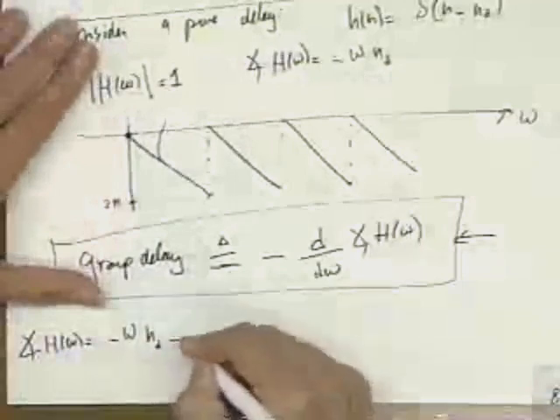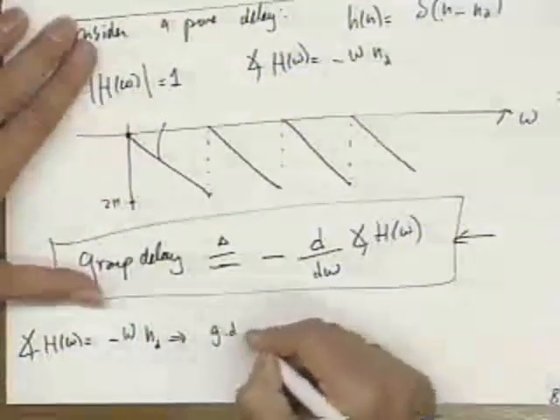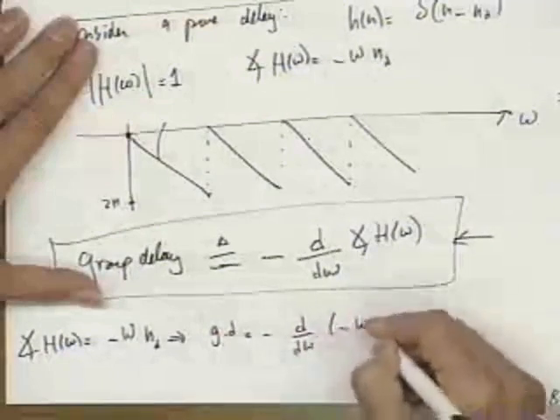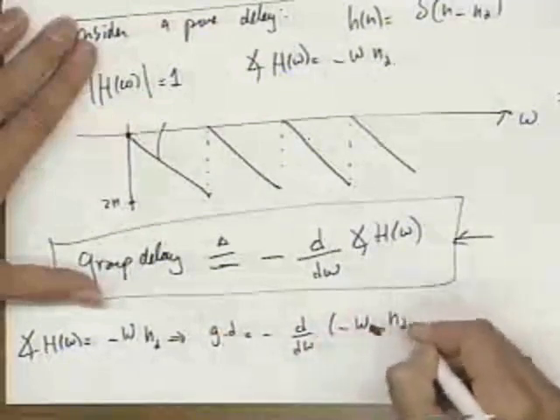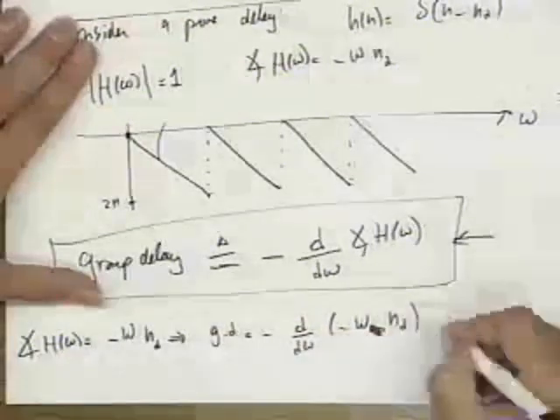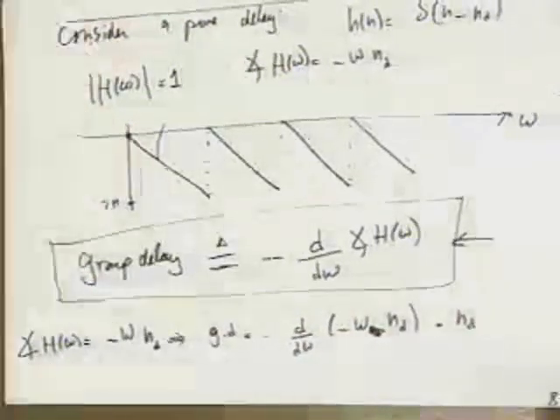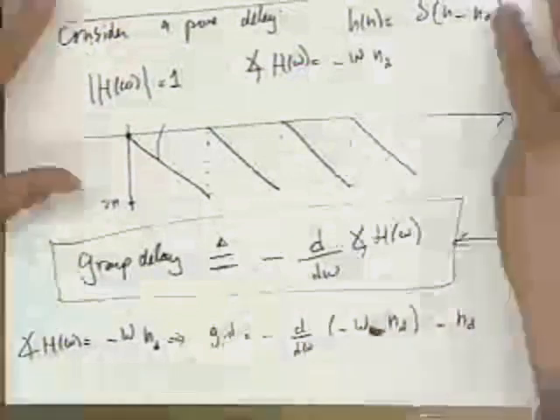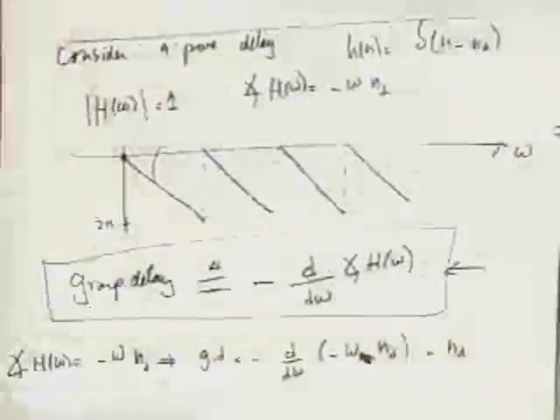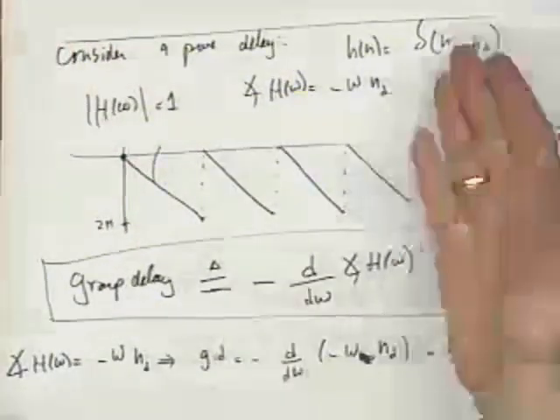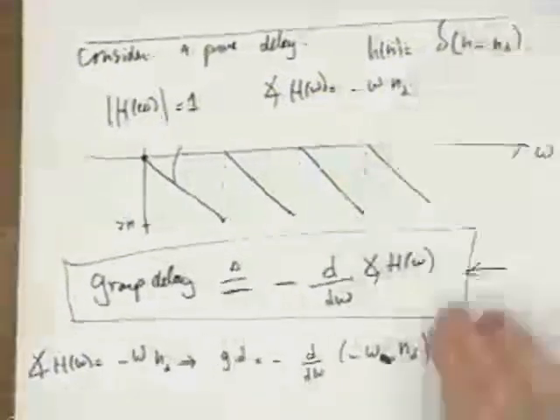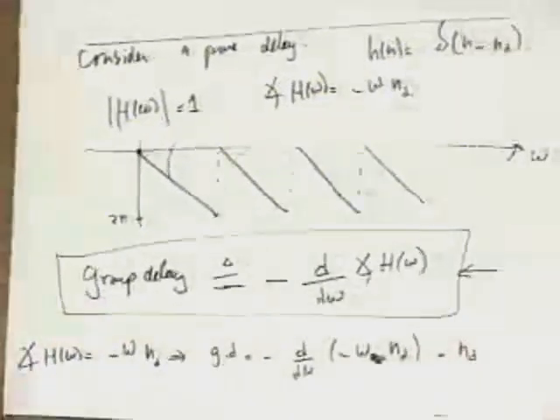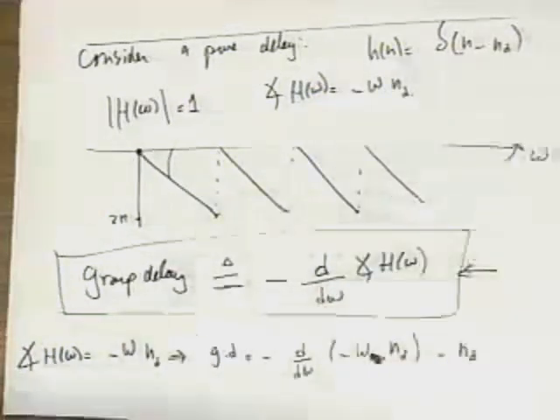Plugging in, if the angle of H of omega is minus omega n sub d, then the group delay is minus d d omega of minus omega n sub d, which is just n sub d. So the group delay for this filter is n sub d. Does that make sense? Yes. This filter just delays everything by n sub d, so it makes sense for its group delay to be n sub d.